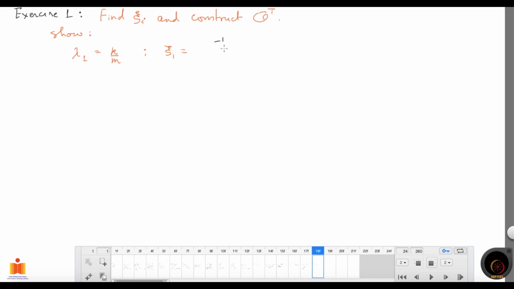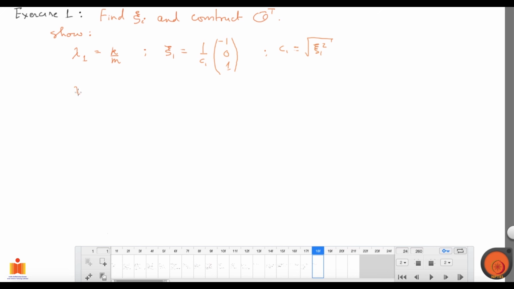-1, 0, 1. And as I said, we should normalize it, which means I should divide it by a constant c1, where c1 will be just the square root of xi1 squared. If you do so, then the vector xi1 will be normalized.